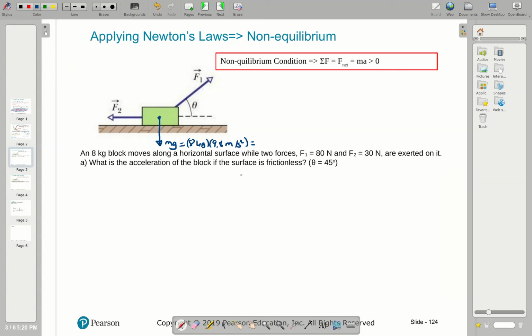all right, let me find that number. I don't have it here, I'll just quickly calculate it for you.